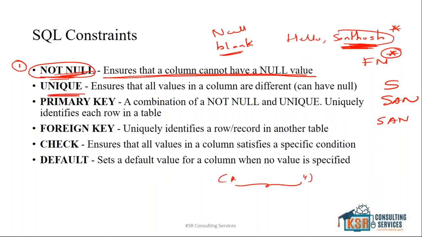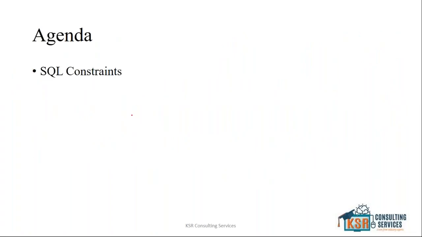Now come to unique. Let us say you fill some survey. Suppose you go to any mall, they will have a lottery, and maybe you have to fill your name, age, phone number.